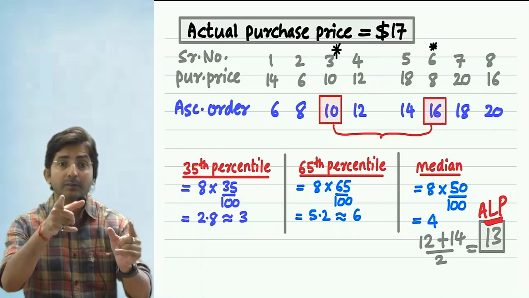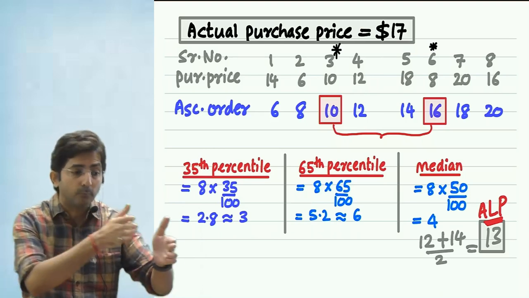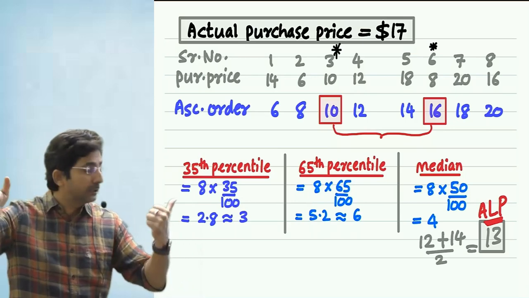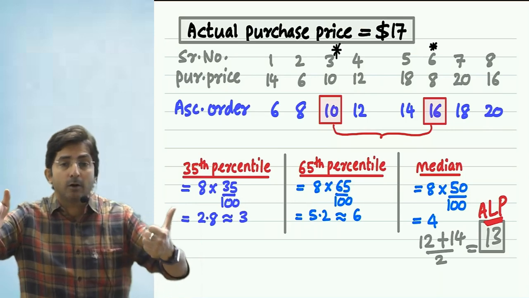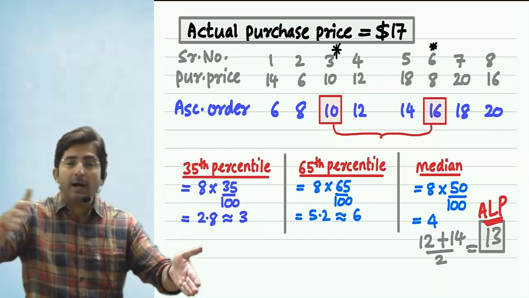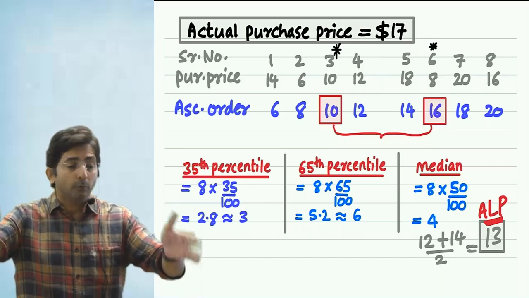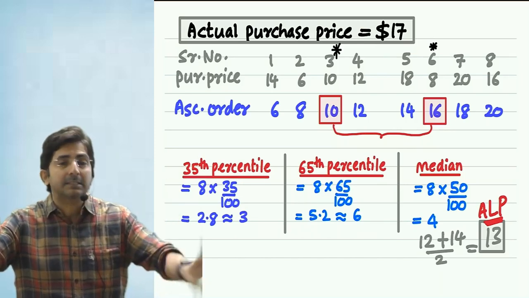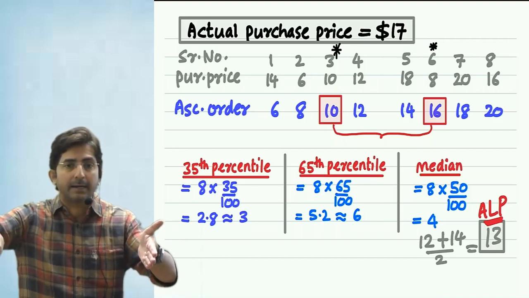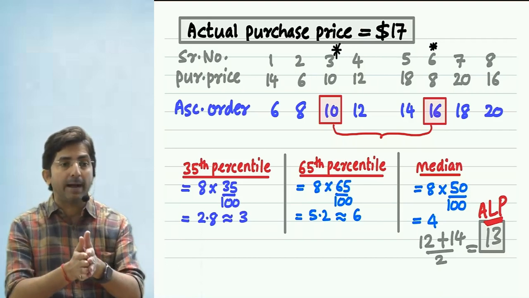That's why it was necessary to first arrange the prices from lowest to highest, in ascending order. Didn't you see? First I did ascending order, so that very low prices and very high prices can be discarded. And now see the position of my hand.